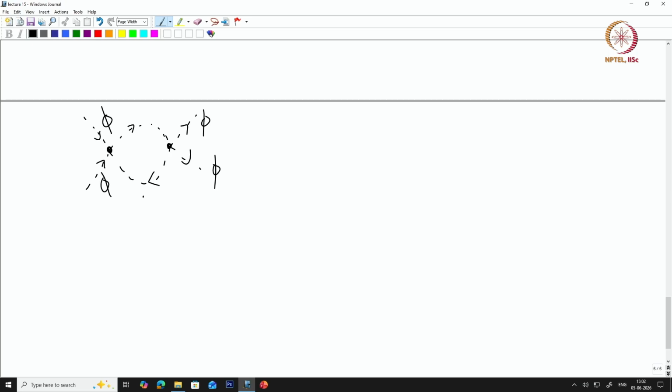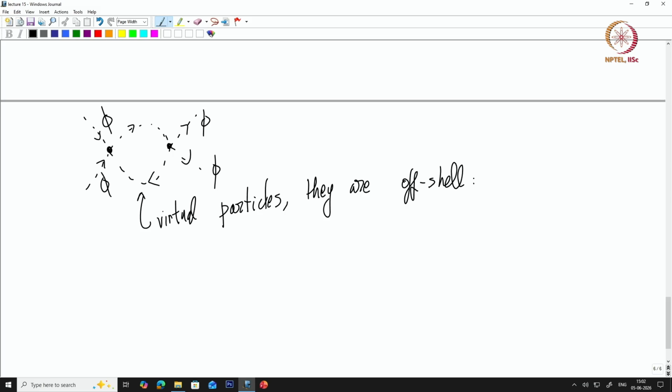So these are called virtual particles. They are off shell, they are not on shell. I think we discussed in the relativistic quantum mechanics course, I am sorry to refer to it again and again, in great detail about these virtual particles. Essentially they are not on shell.